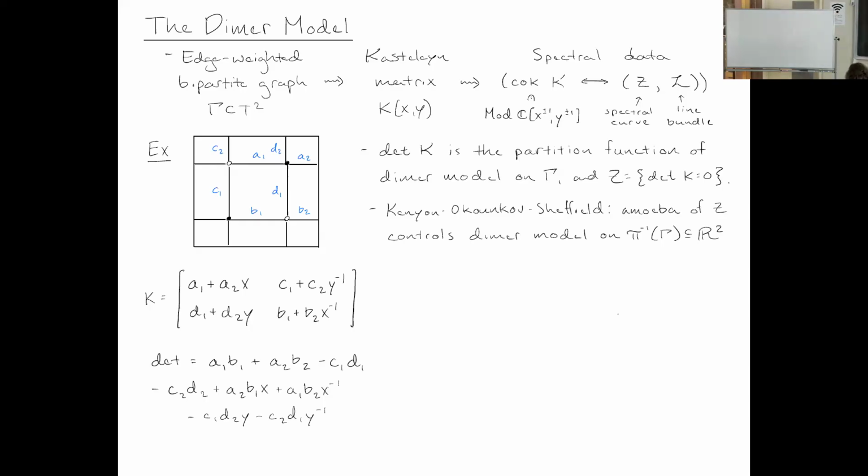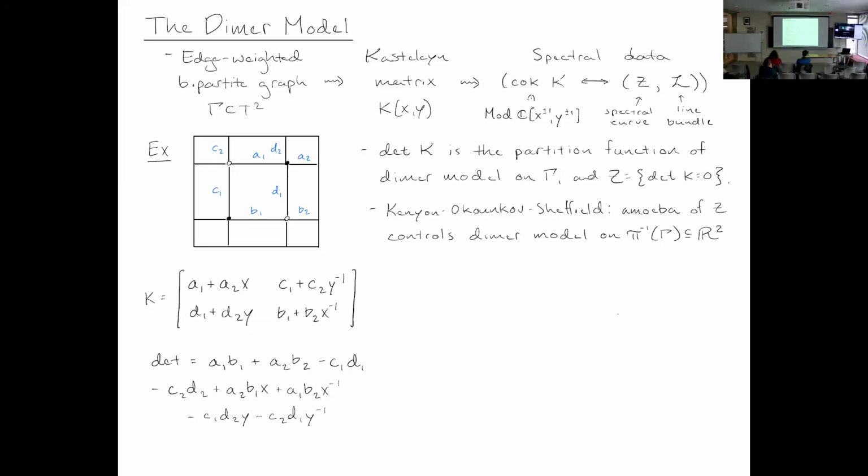In addition to this finite graph here, I can unroll my graph on the torus to an infinite graph in the plane. I can ask questions about the dimer model on that. That becomes much more subtle, and there are new interesting asymptotic questions. But they showed that basically the solutions to many such questions about that planar dimer model can be reduced to questions about this spectral curve that we extract from the graph on the torus in this way.